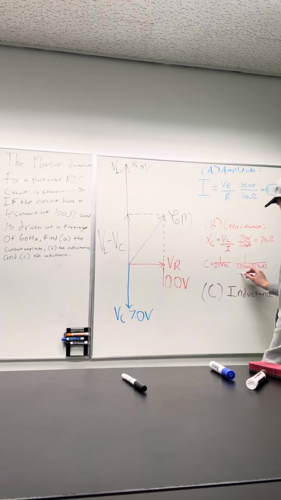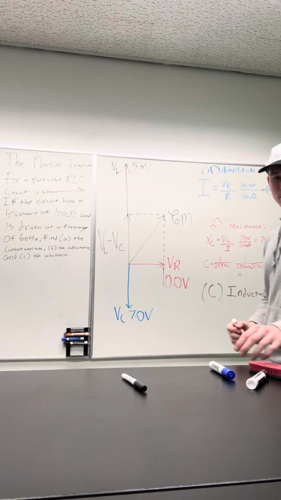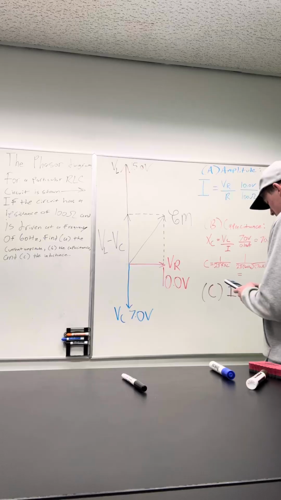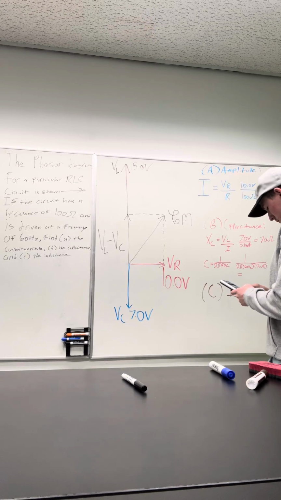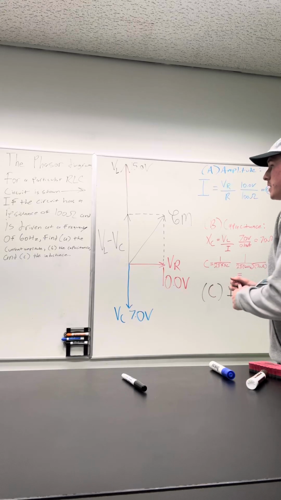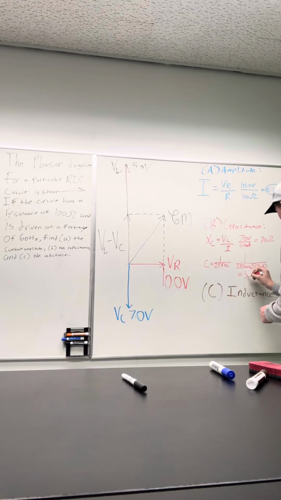This should give us an answer of 3.79 times 10 to the negative 5 F, where F in this instance stands for farads.